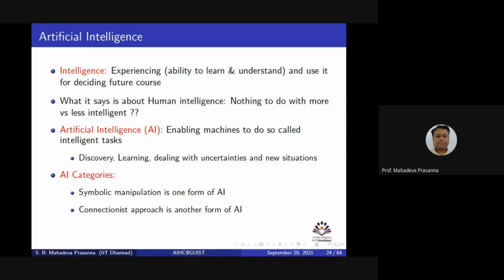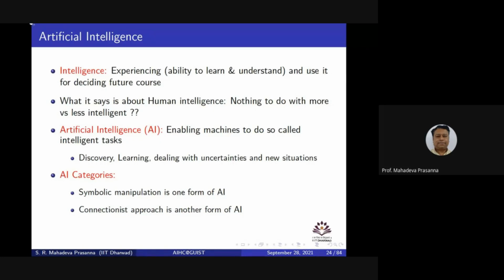Suppose you see the dictionary meaning of the word intelligence, which refers to experiencing, that is, the ability to learn and understand and use it for deciding future course of action. That is what is meant by intelligence. That is what humans do through their sensory mechanism to survive in this environment.